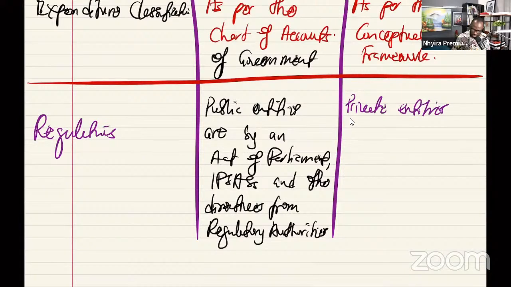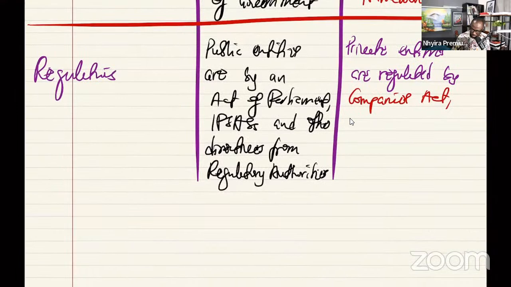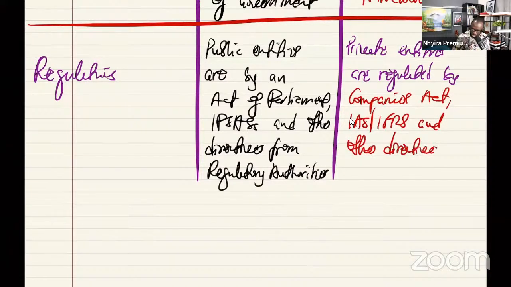So private entities are regulated by the Companies Code or the Companies Act, IASs or IFRSs, and other directives from regulatory authorities.